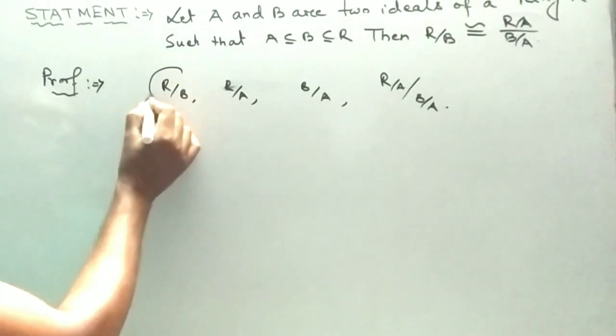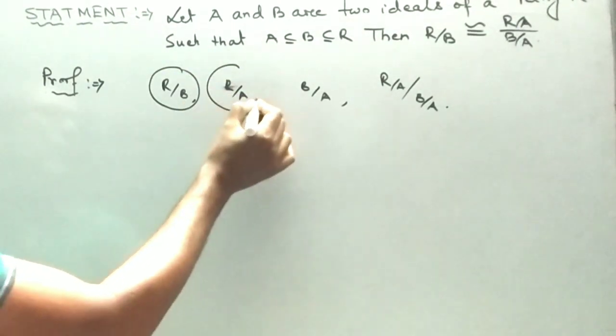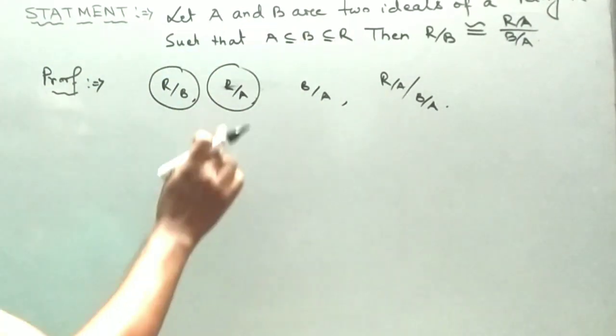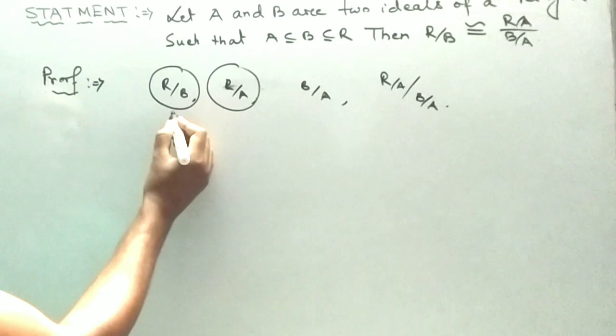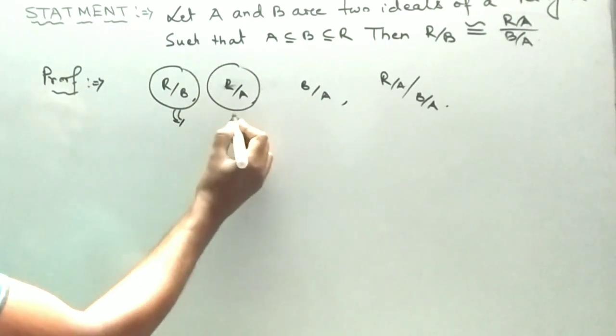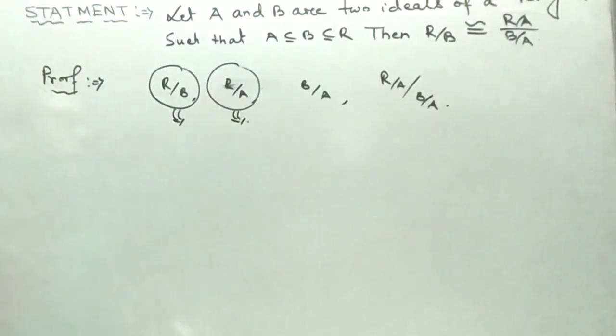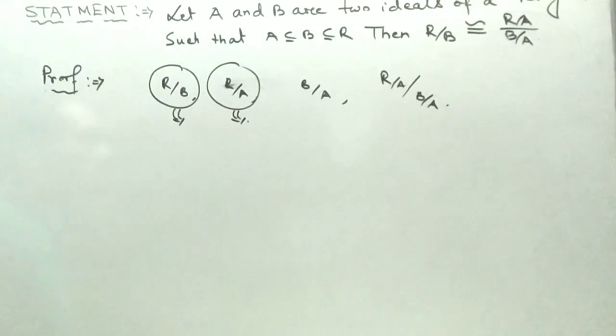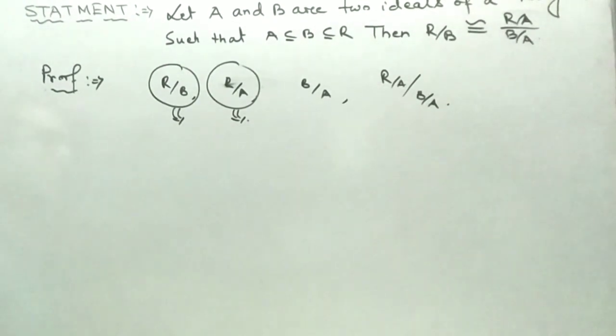From the given condition, it is clear that since A and B are ideals of the ring R, R/B and R/A must be two quotient rings of R. Okay.